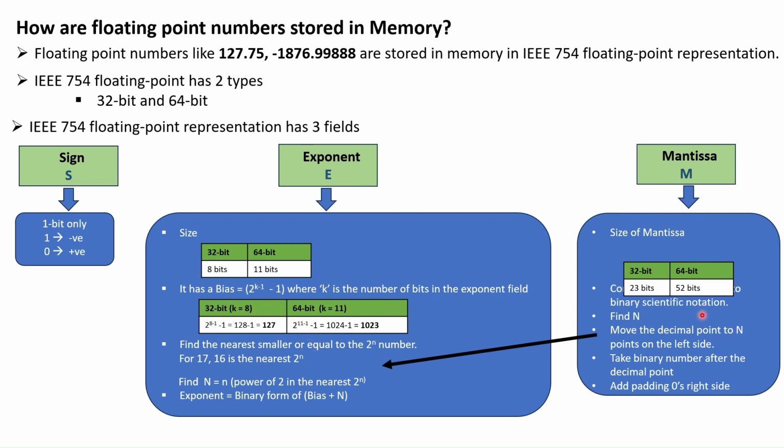Now we will convert the number into scientific notation and then move the decimal point n places to the left. Whatever binary number comes after the decimal point, we take that as the mantissa.